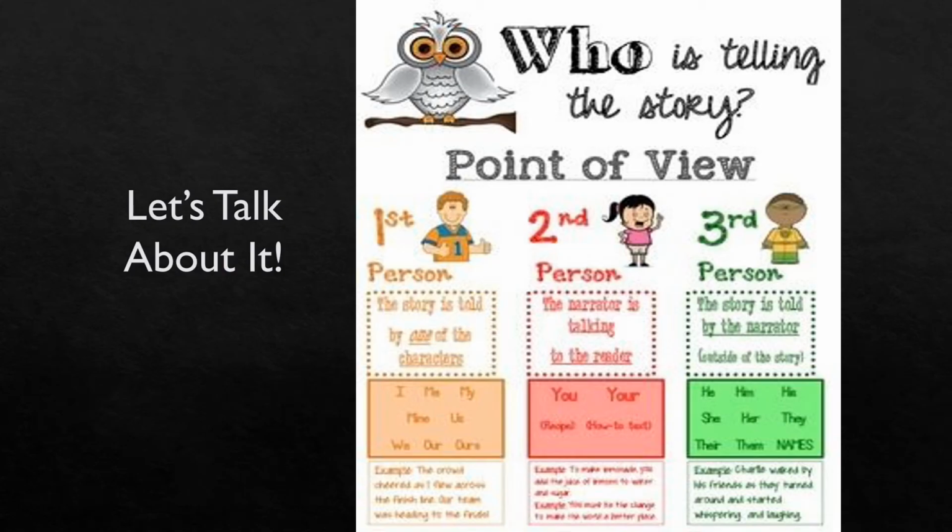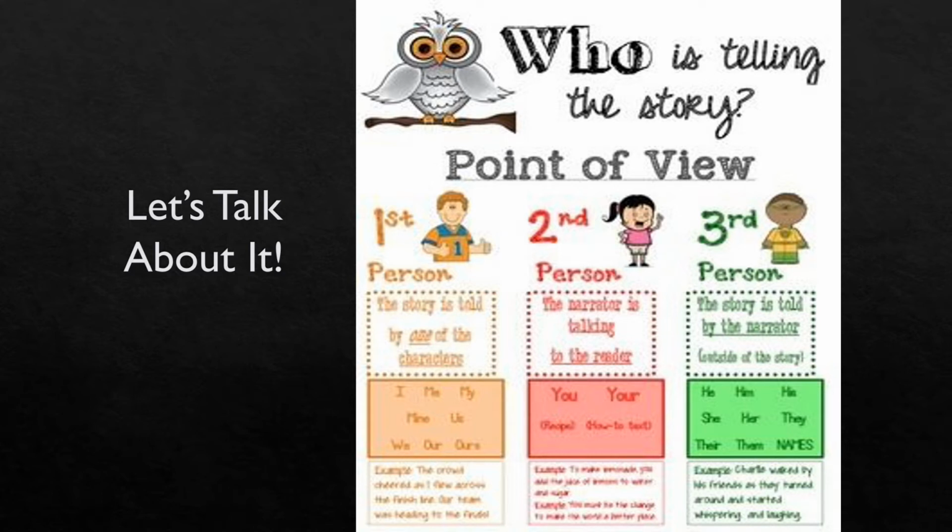Let's take a look at this anchor chart. This anchor chart tells us what point of view is. The definition of point of view is who is telling the story. Think back to the slide before this one that had the question marks and the speech bubbles.